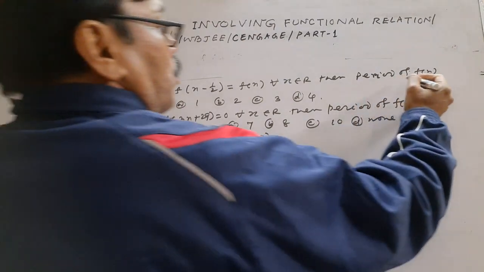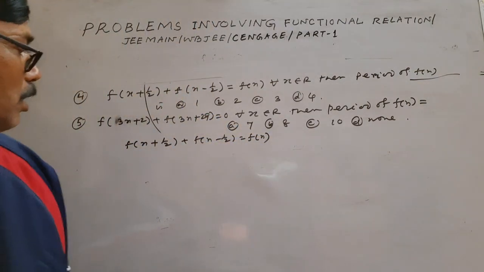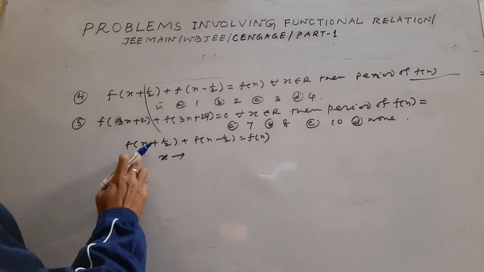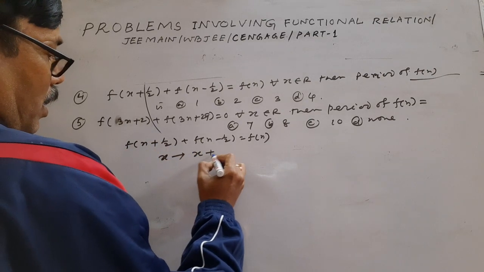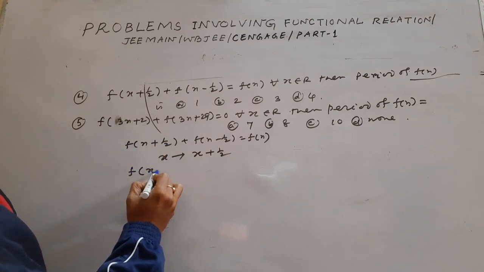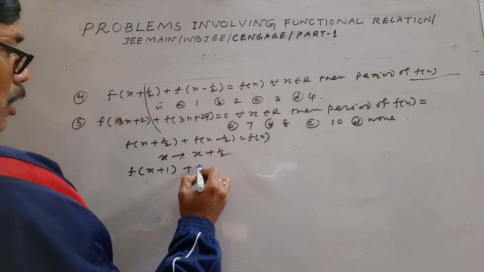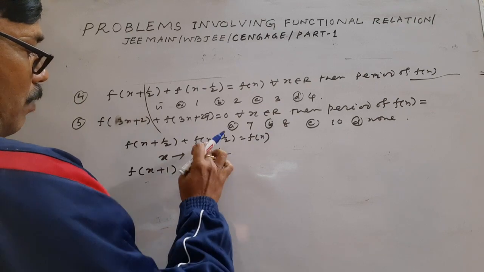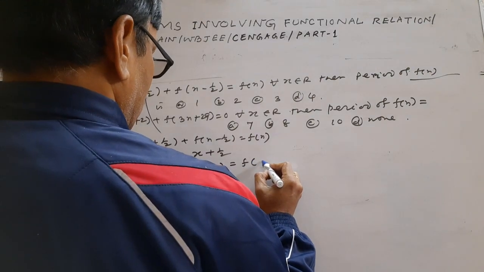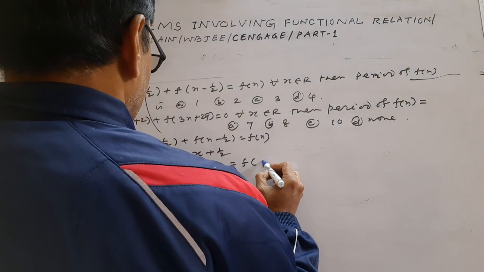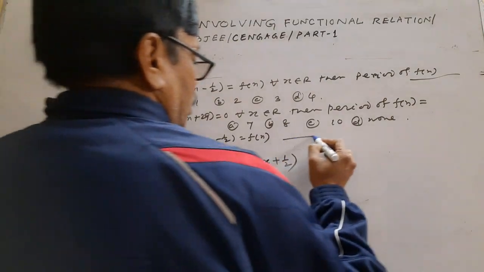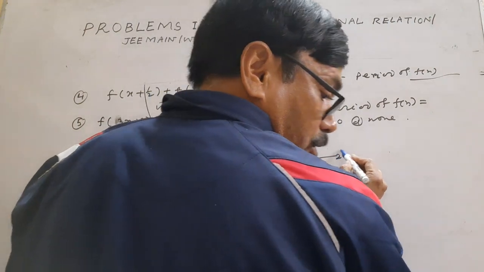We have to find the period of f(x). If we replace x by x plus half, this will make the argument an integer shift. So this is f(x plus 1) plus f(x) equals f(x plus half). This is relation 1, and the given is relation 2.